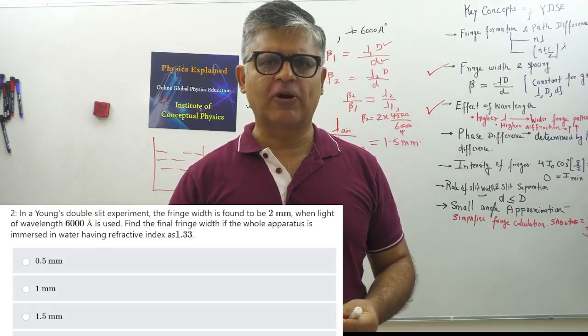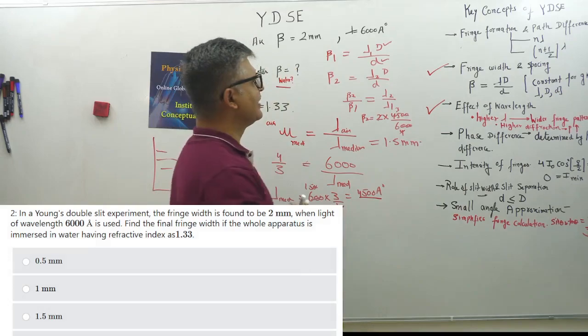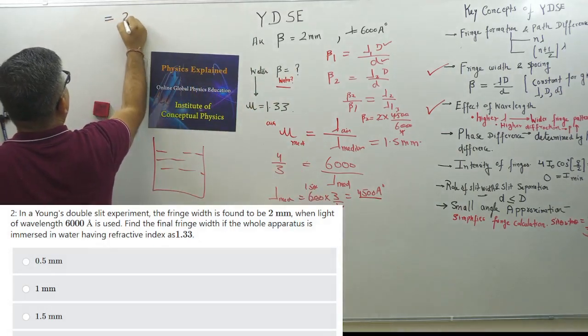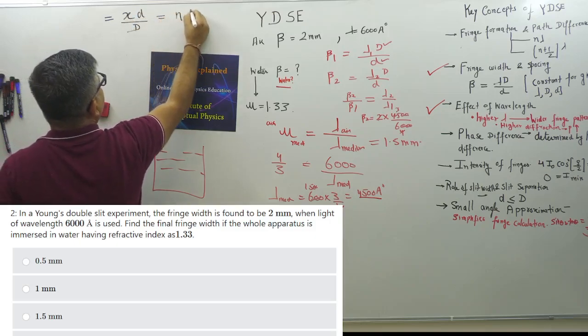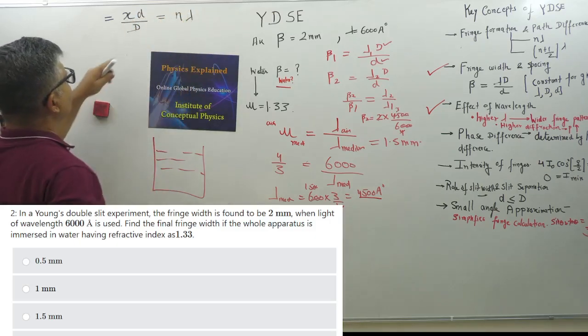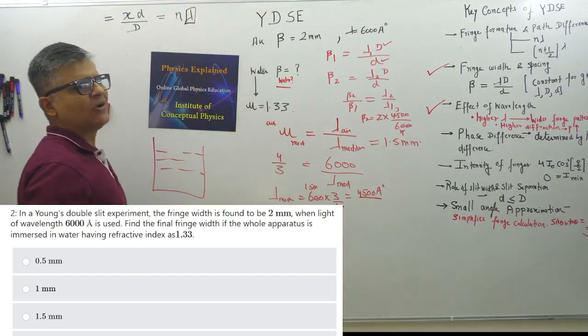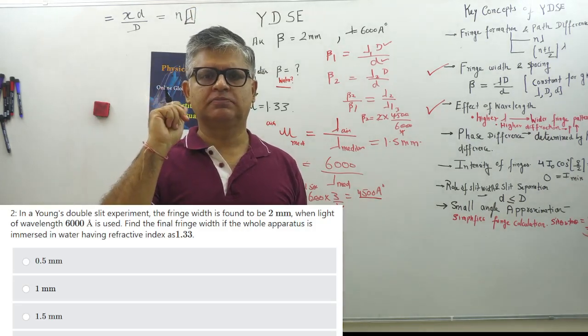Well, let's think through the path difference. The formula of path difference, I will make it mathematical actually, is given by x d by D. It is put equal to n lambda for maxima and so on. As you can see, your lambda, your wavelength, has gone down.